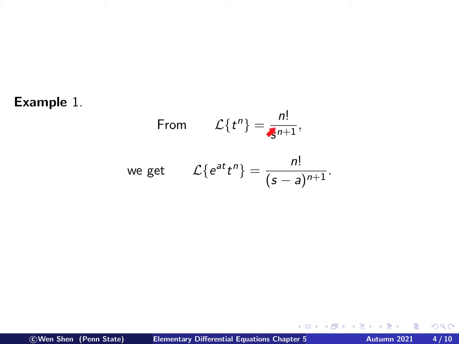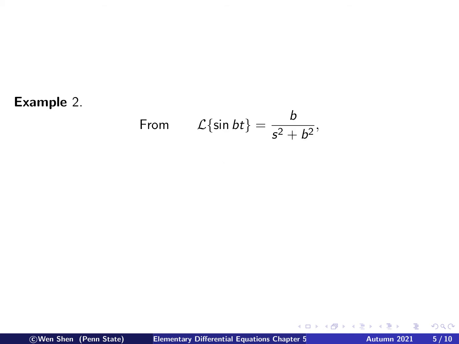Wherever you have s in the transformed function, you replace it with s minus a. Really quick. If you want to find this by definition, you can go ahead and try, and you'll find it's a very lengthy computation.